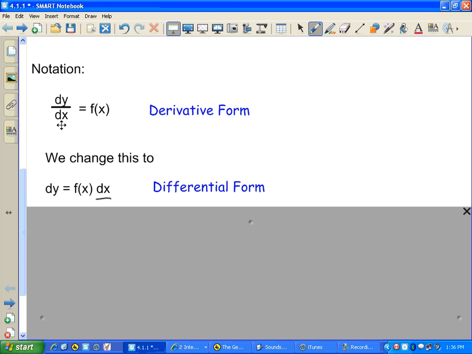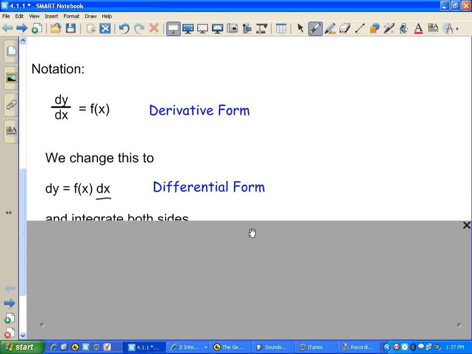So all we're really doing is moving the dx over. It's not true in the way that algebra would make it true, but it's just a more convenient form. This is actually the form that Leibniz preferred, this dy dx, and he spent a lot of time making notation his priority to make sure that calculus was a little bit closer to algebra in its notation.